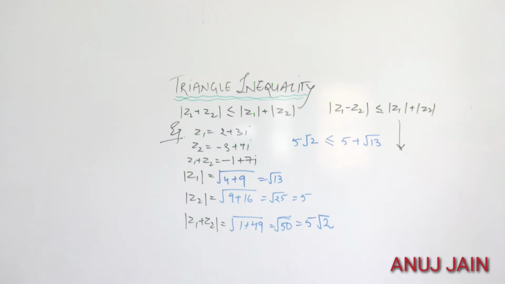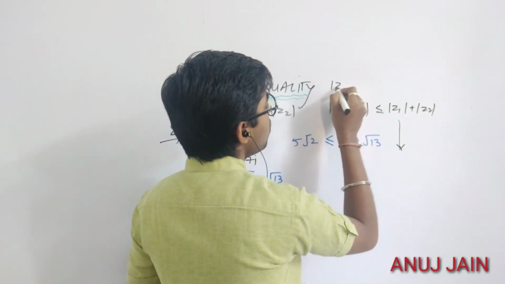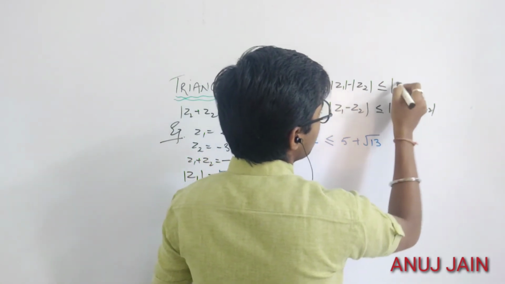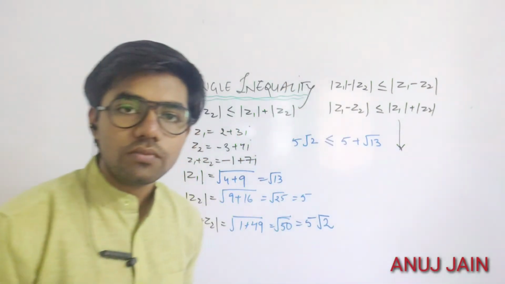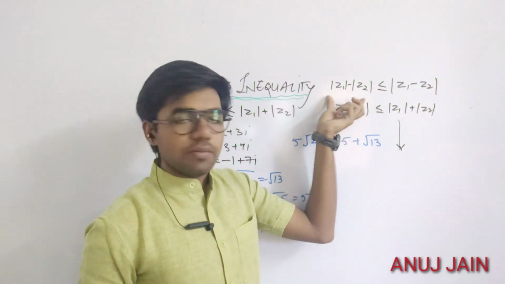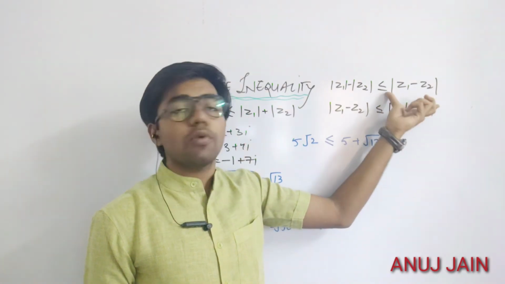Another important thing for subtraction: modulus of Z1 minus modulus of Z2 is less than or equal to modulus of Z1 minus Z2. In case of subtraction, the subtraction of modulus values is less than or equal to the modulus value of the subtraction.